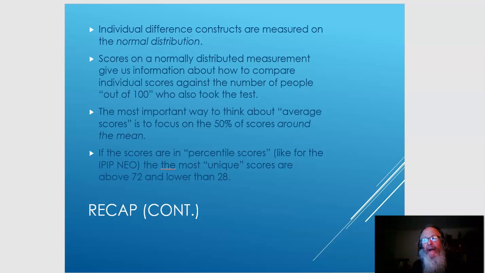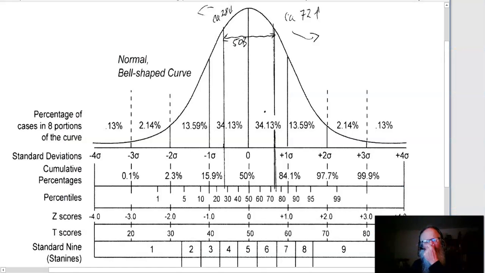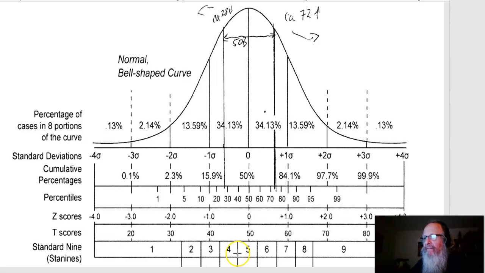So let's go back to our up close normal distribution and talk some about what the last two slides meant in terms of interpreting scores on a normally distributed set of scores. Let's say that your score on the big extroversion factor came back as 30.